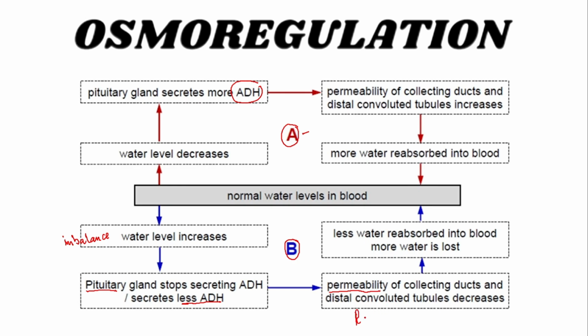Remember, from the kidney we have what we call renal tubules, and these renal tubules transport the already filtered substances in your blood so that it can get rid of them once they go through the collecting duct. So the permeability of collecting ducts and distal convoluted tubules decreases.